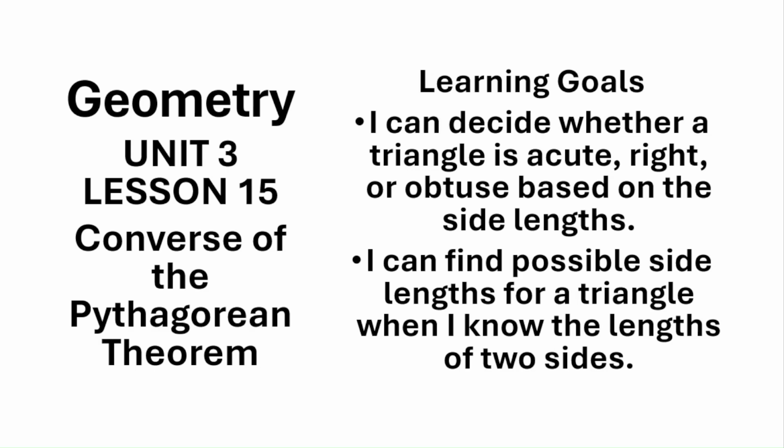Number one, I can decide whether a triangle is acute, meaning the angles are less than 90 degrees, right, meaning one of the angles is 90 degrees, or obtuse, meaning you have an angle larger than 90 degrees, based on the side lengths. And learning goal number two, I can find possible side lengths for a triangle when I know the lengths of two sides.